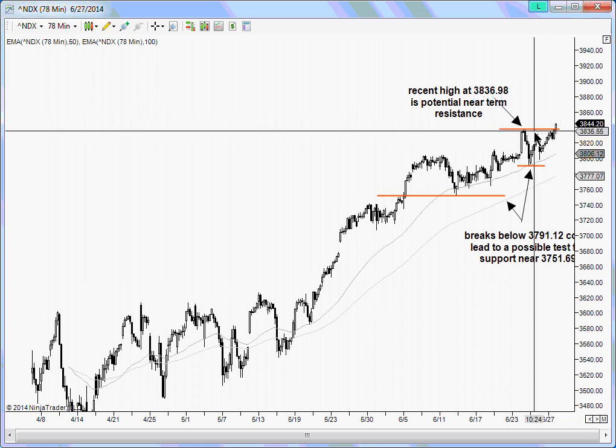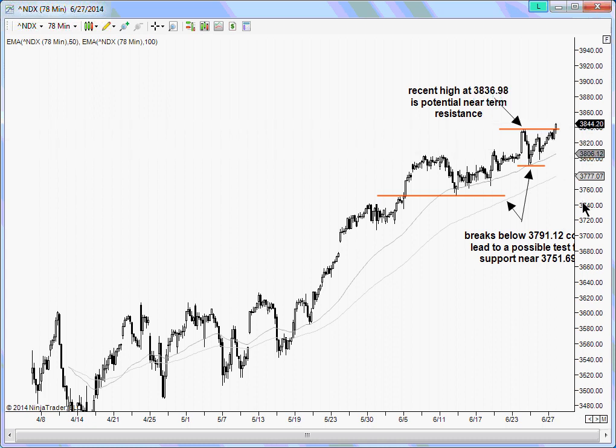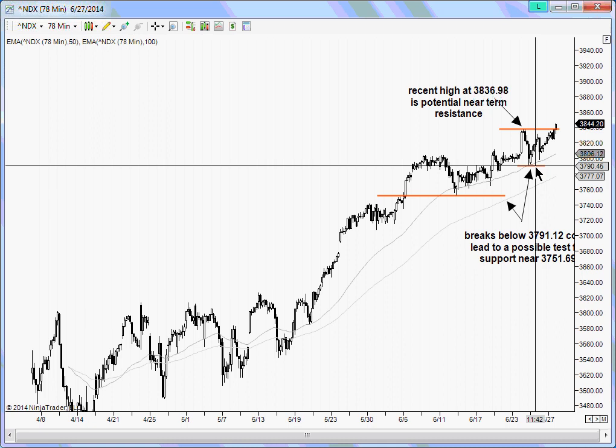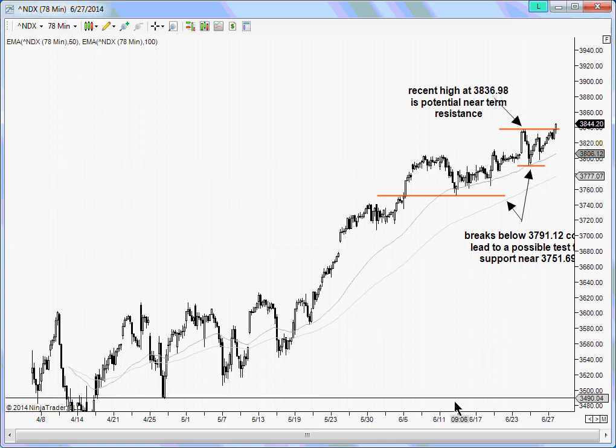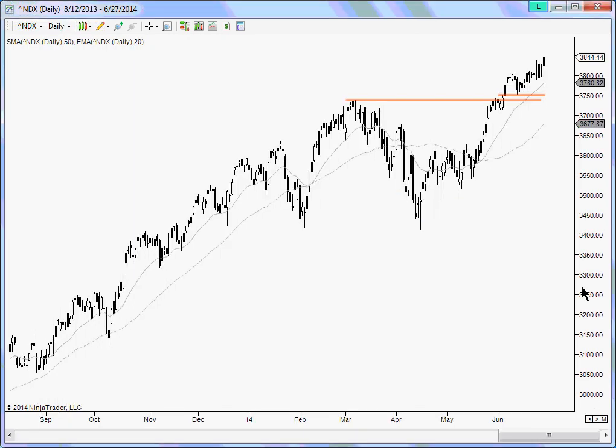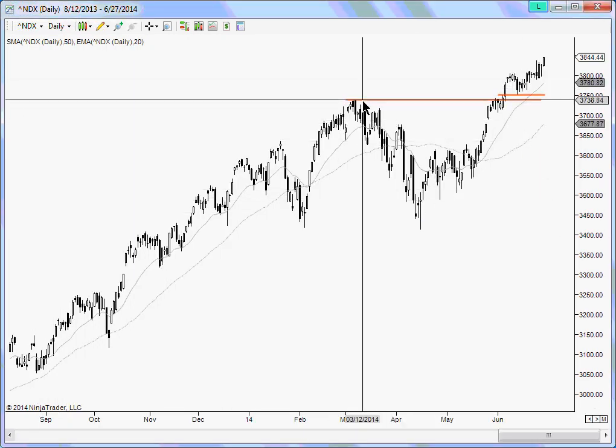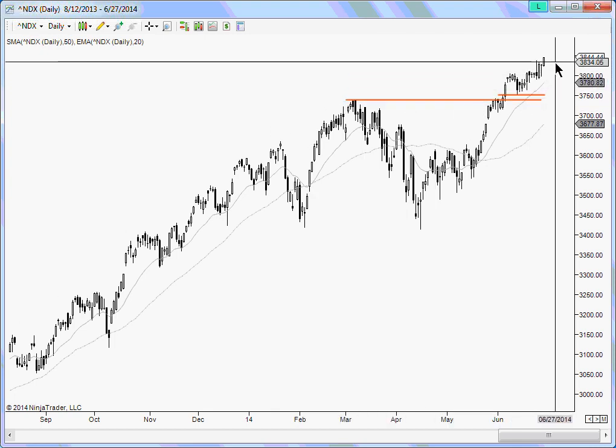So it put in another new multi-year high on the Nasdaq 100. But if it were to come down and pull back, then we expect it to maybe come down and test this 3790. If we look at the intraday chart here, you can see that ever since it broke this 3738, 3739 level, it just continued to zigzag higher.